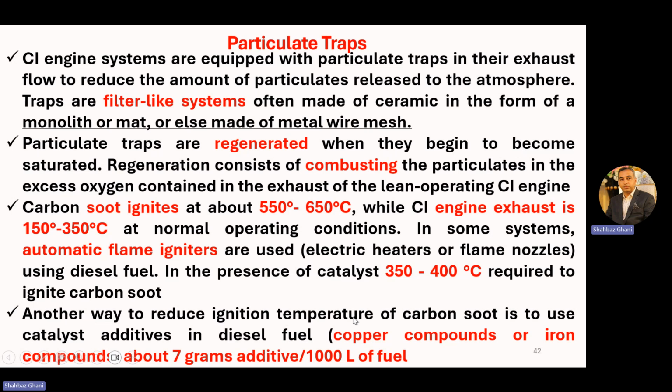Another way to reduce the ignition temperature of carbon soot is to use catalyst additives in diesel fuel. Carbon soot requires 550 to 650 degrees Celsius, so in the fuel we use catalyst additives.